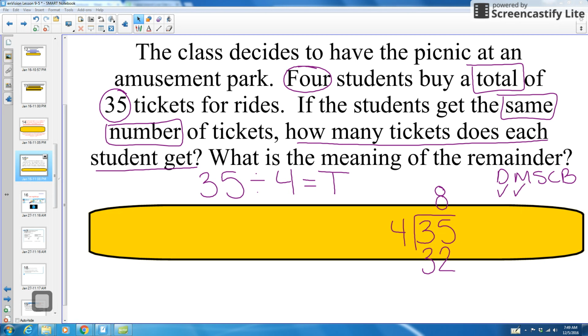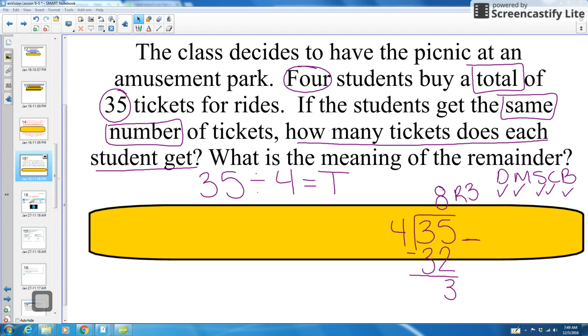So there's my division and my multiplication. Now I subtract. 5 minus 2 is 3. 3 minus 3 is nothing, so we're good. I check. 3 is less than 4, so we're good. And there's no other numbers over here to bring down, so we are good. So we have 8, remainder 3.